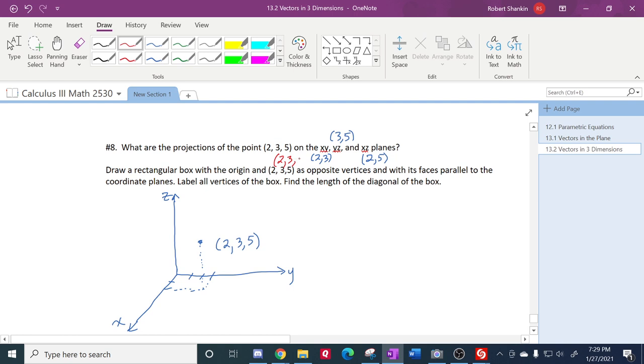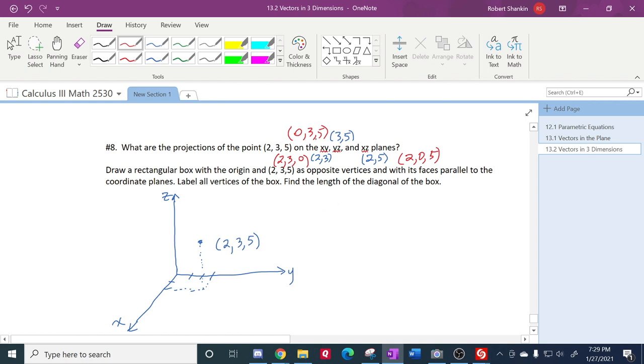Instead of 3, 5, it would be 0, 3, 5. And instead of 2, 5, it would be 2, 0, 5.